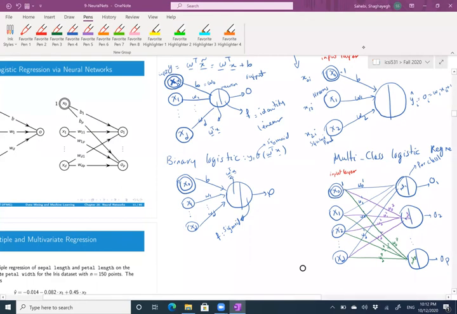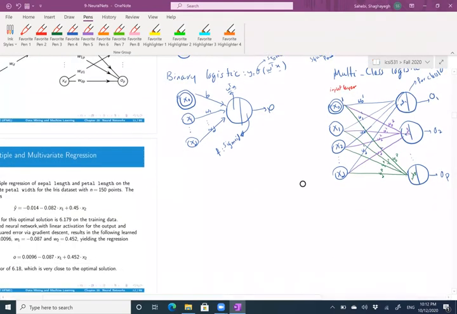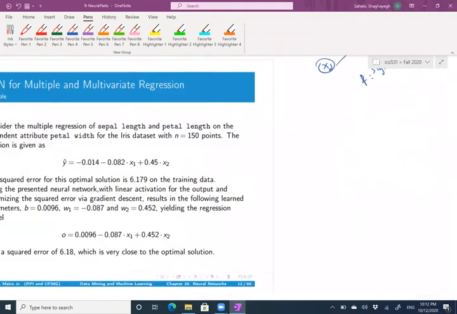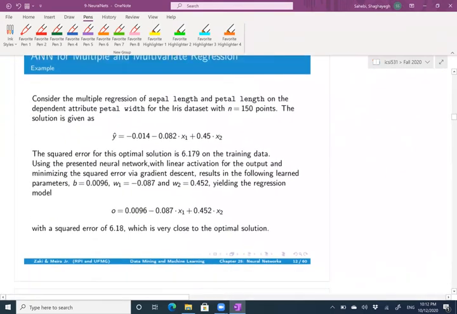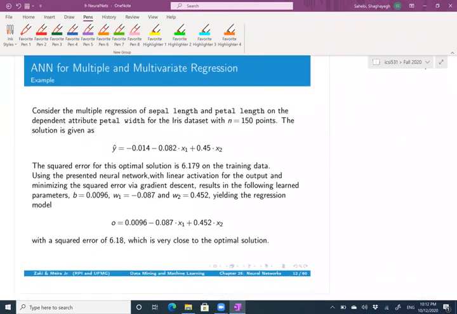Now, let's see an example of using artificial neural networks for regression. So in the book, we have this data set for irises that have different sepal lengths and petal lengths. We have 150 data points.